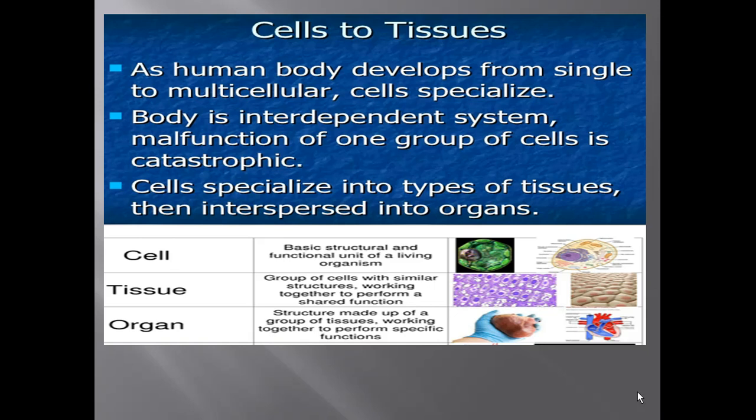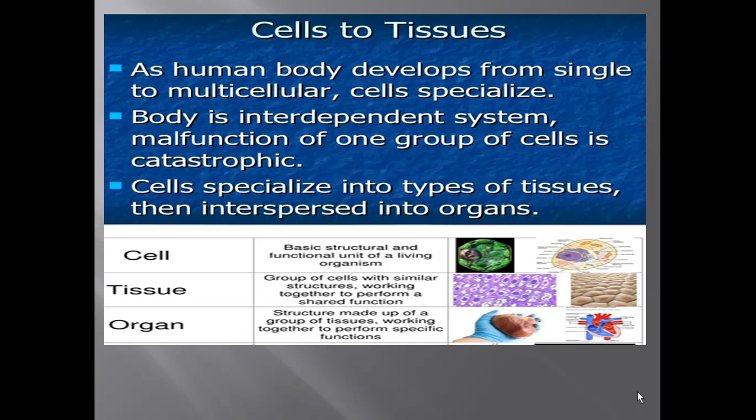So what does that mean? Cells to tissue, and from the tissue we have four main types of tissue: epithelial tissue, connective tissue, muscular tissue, and nervous tissue. So let me start with cells to tissue. We know very well the human body developed from single cells to multicellular organisms. And why is it the cell?